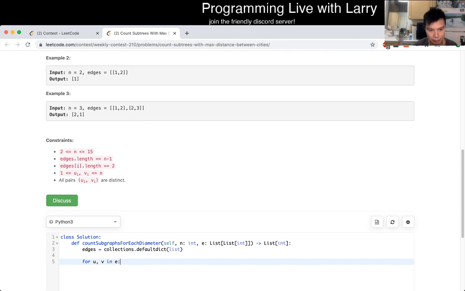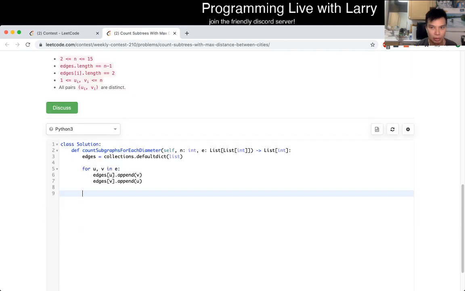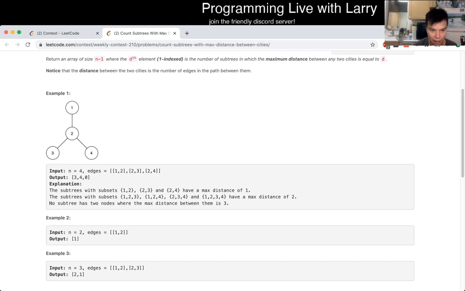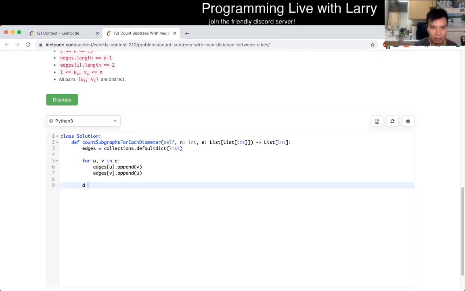So that's what I'm doing now. So maybe that's not necessary, but okay. But now we just have d is equal to 0 times n minus 1.